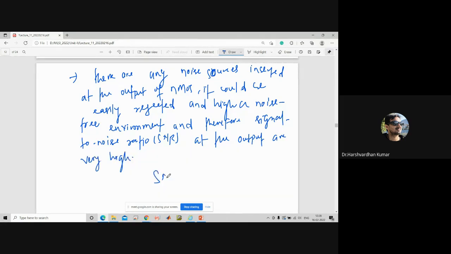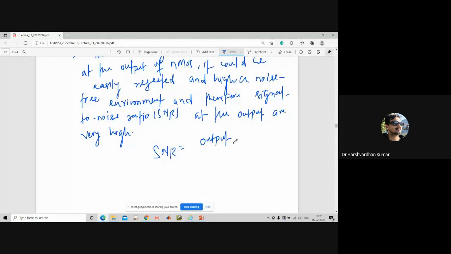We know very well the definition of SNR: it is defined as the ratio of output signal power to the noise power. Since the noise is very low in case of a CMOS inverter, the signal to noise ratio will be very high.